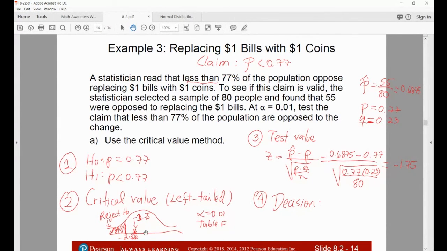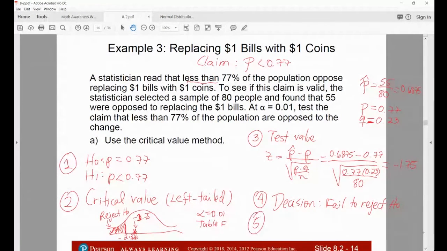Because 0 is in the center, then we have negative 1, then negative 1.75, and then negative 2.326. So this is in the non-rejection region. That's why the decision is that we fail to reject the null hypothesis.